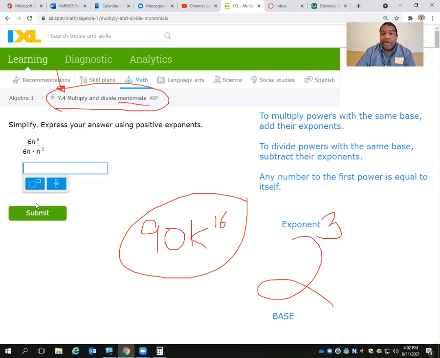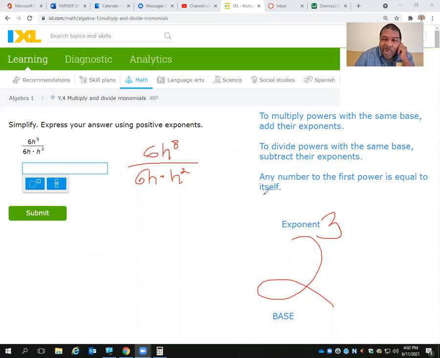All right. So this one is the hard one, and it's going to require a couple of steps. I see here 6h to the 8th power over, or divided by, 6h times h squared. First thing I want to do is deal with this.